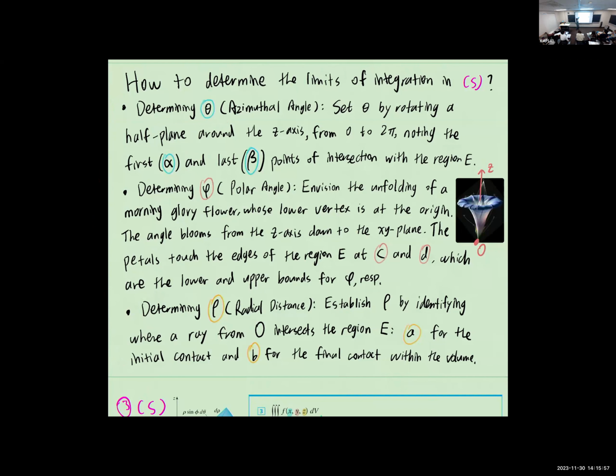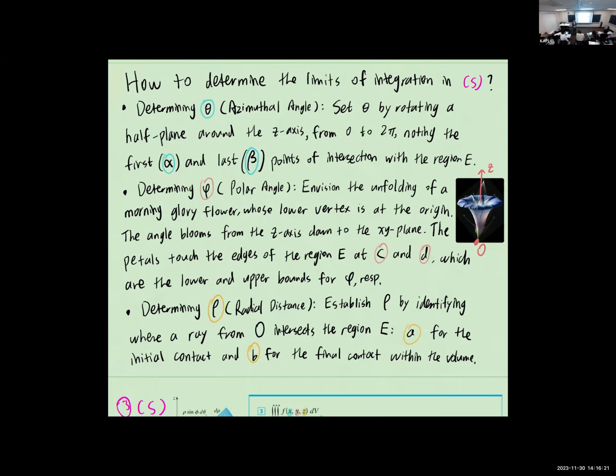But I like to first determine the angle theta. How do we determine that? We set theta by rotating a half plane around the z-axis from 0 to 2 pi, noting the first and last points of intersection within the region. Usually when there's an entire circle or disk, theta always ranges from 0 to 2 pi.